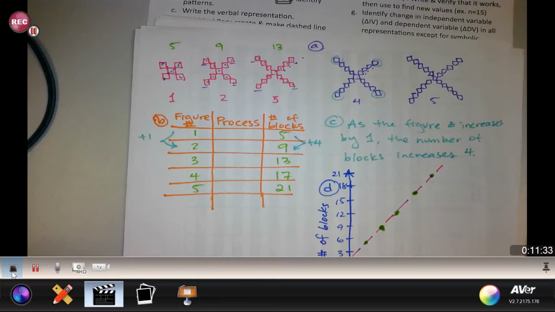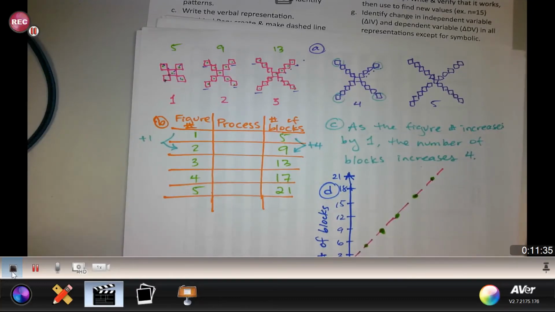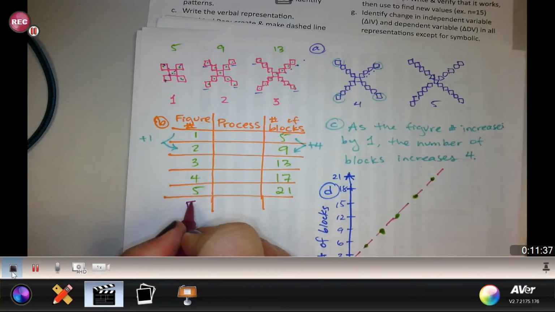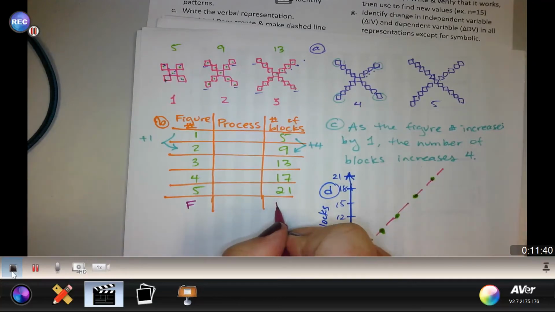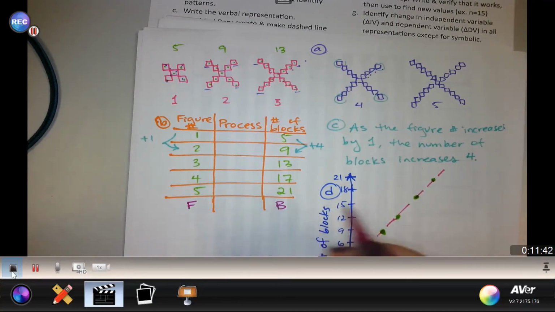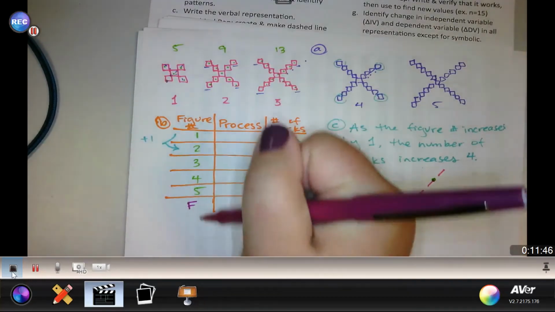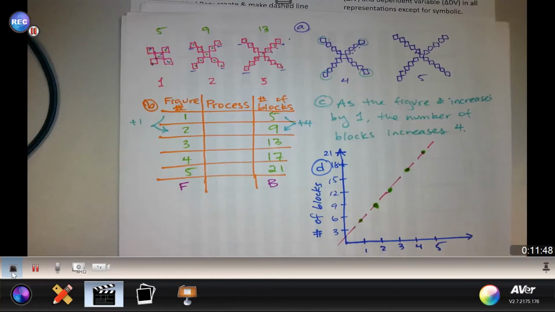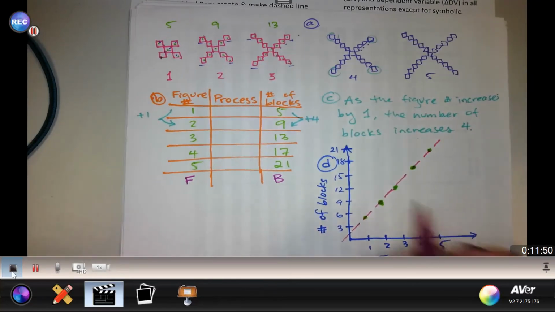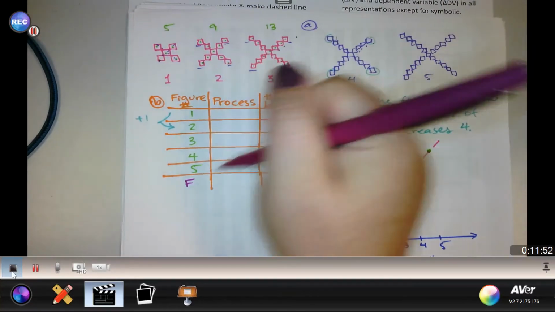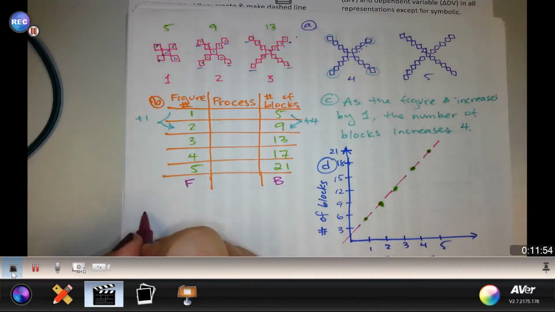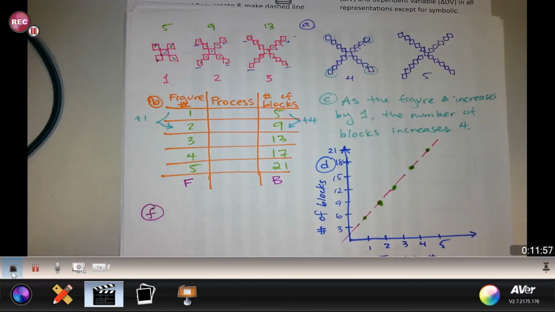For this one, I suggest that you use F to represent figure number and B to represent blocks, okay? I'll tell you on the test what to use, and when you read it, I like to add them into the bottom of the table, even if I don't do anything with it, because that reminds me, oh yeah, F represents figure number, B represents blocks.